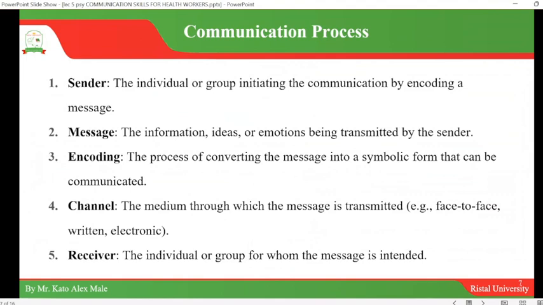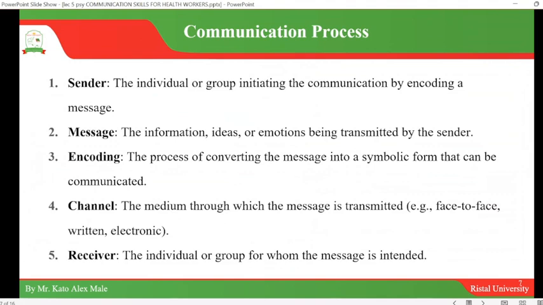For example, face to face, written, or electronic, for example emails. It can also be via social media platforms, that is also electronic communication. Written, you write something down and then share it with someone. Face to face, you speak to them, or you show them some signs and they are trying to understand what you're showing.